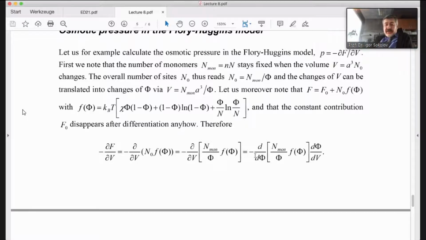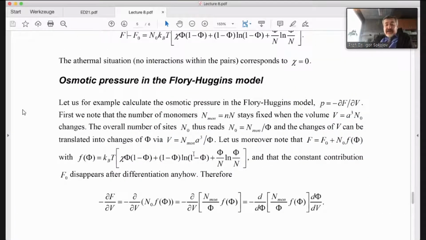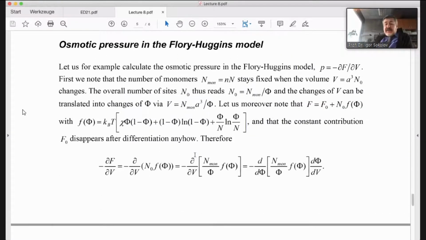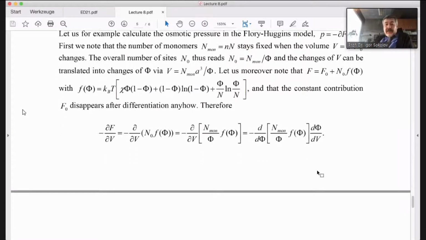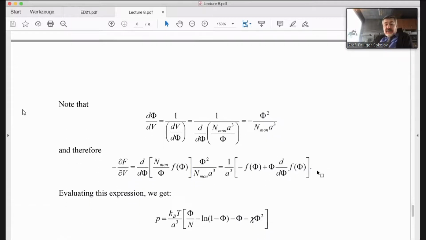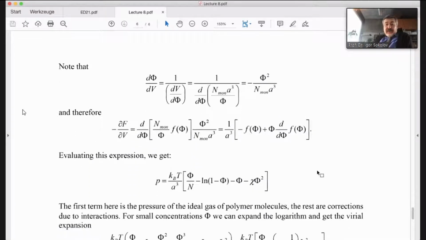And the only thing I have to take here is a derivative with respect to phi of a universal function f of phi divided by phi. So I take the guy divided by phi and take a derivative, and this guy is essentially very simple. Now I rewrite it. So this is the second derivative, it's phi squared.